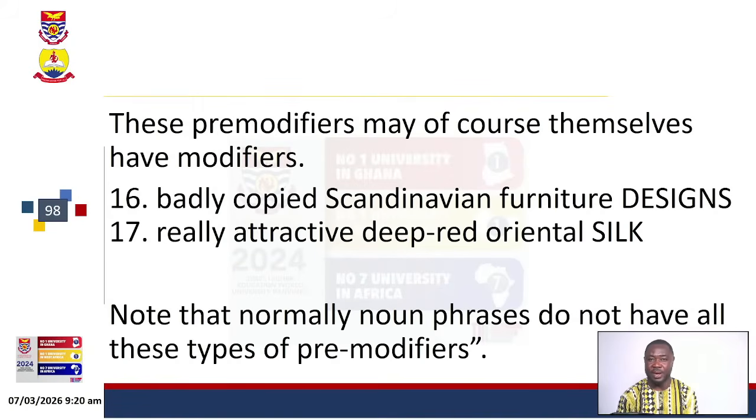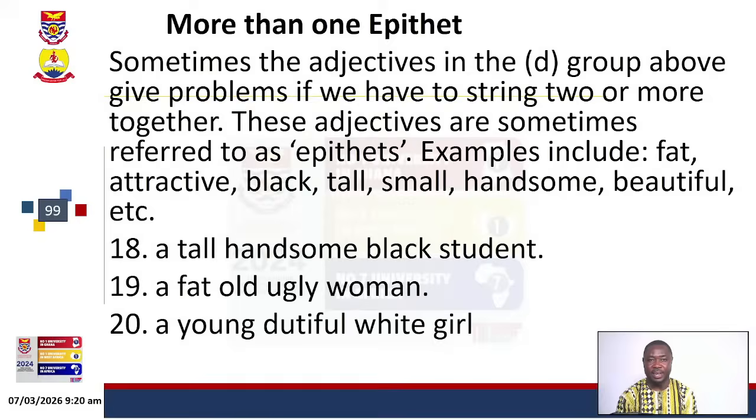These pre-modifiers may of course themselves have modifiers: badly copied Scandinavian furniture designs, really attractive deep red oriental silk. You need to know that normally noun phrases do not have all these types of pre-modifiers.